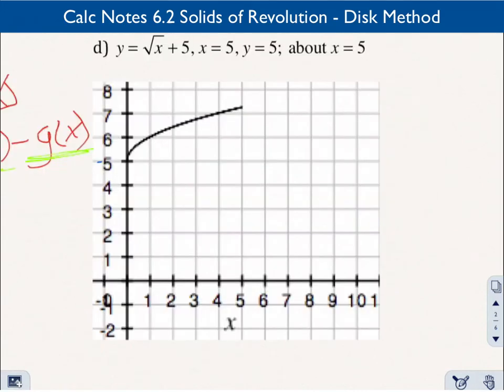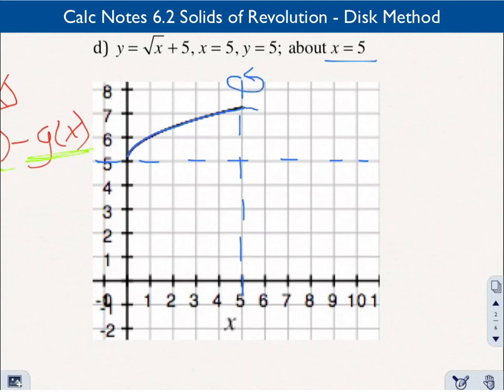All right, in letter D, we have the function y equals the square root of x plus 5, the function x equals 5, which is right here, and the function y equals 5. And we want to revolve this around the line x equals 5, which is going to be right here.